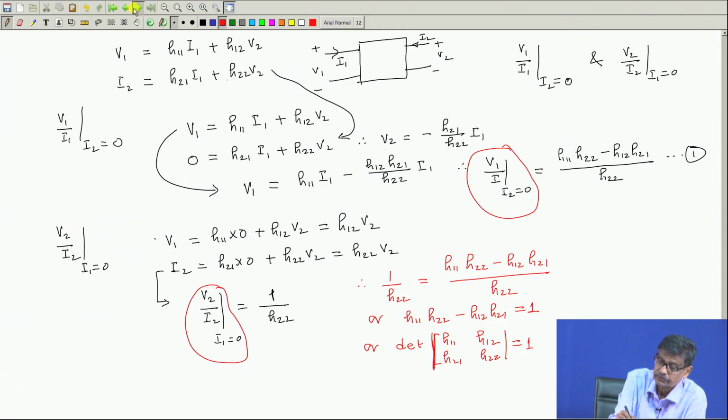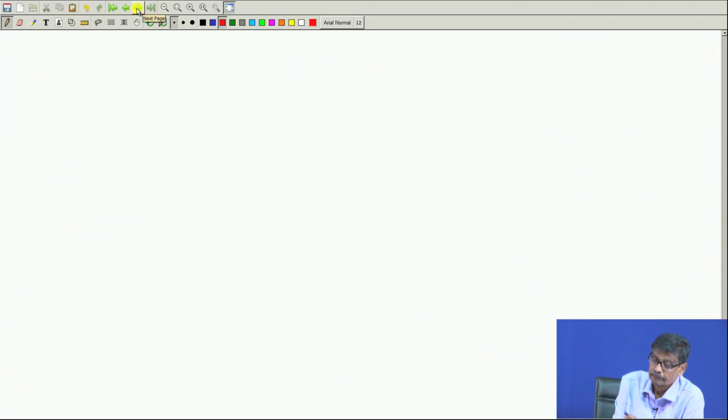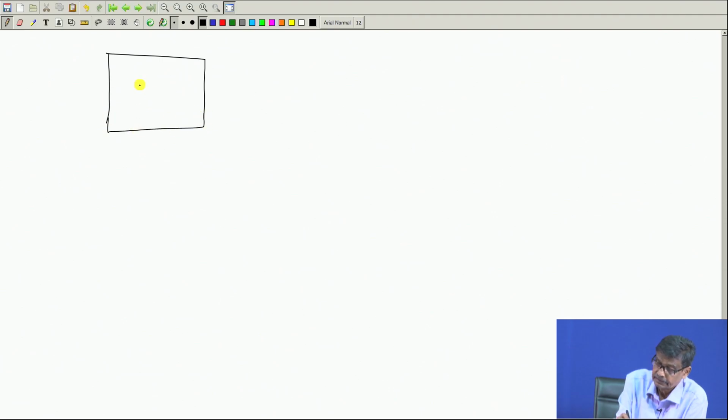So, let us do it once again. So, a network is like this. Suppose this network is expressed in terms of T parameters or ABCD parameters.